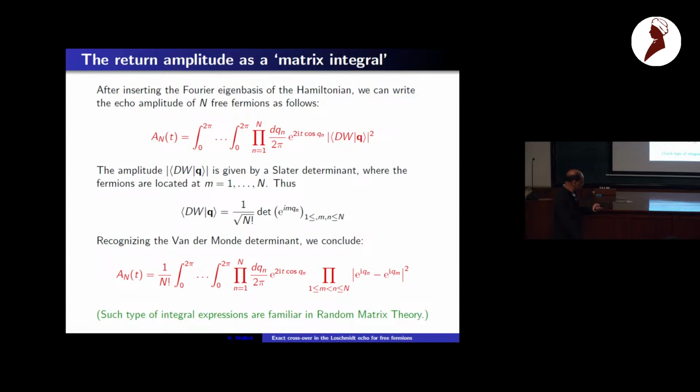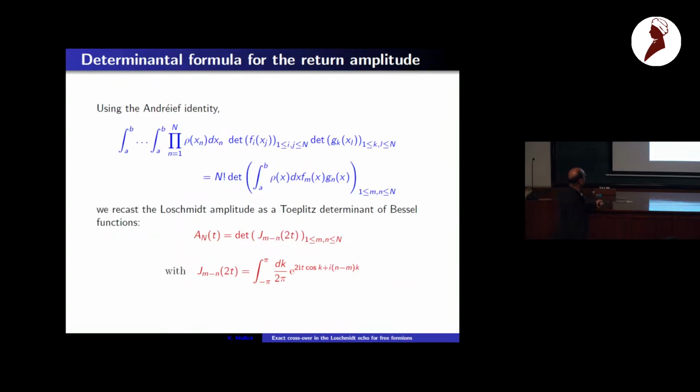So if I just use my Andreev identity, I end up with a very cute representation of the Loschmidt amplitude, which is given by a determinant built from Bessel functions, remembering that Bessel functions are the Fourier transform of the exponential of a cos. This is a classic definition of Bessel functions.